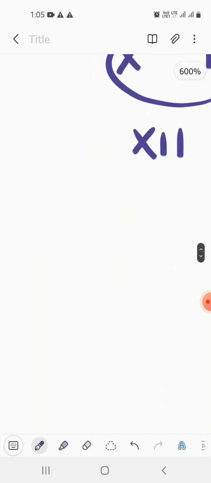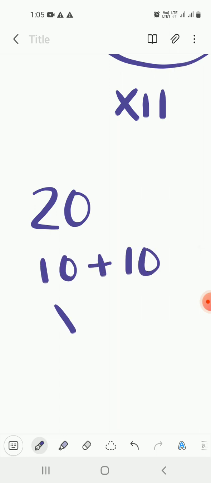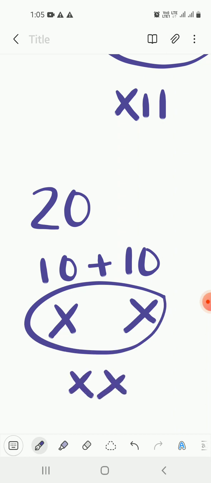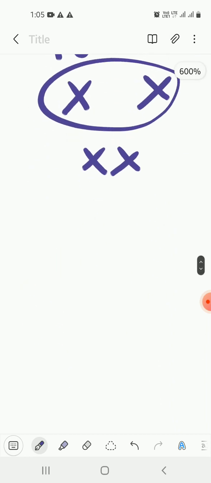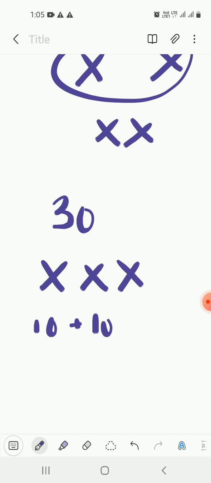If we want to write 20, 20 means 10 plus 10. So X and X together, X X, is 20. For writing 30, it would be X X X, because 30 means 10 plus 10 plus 10. For 40, we can't repeat 10 four times.